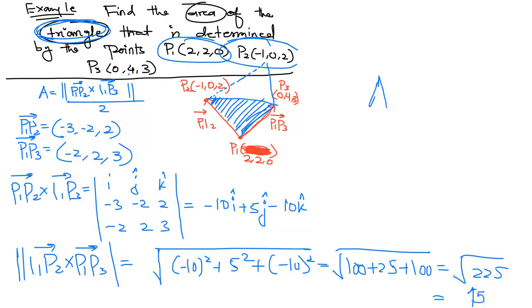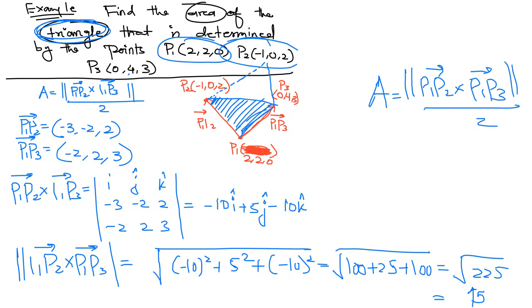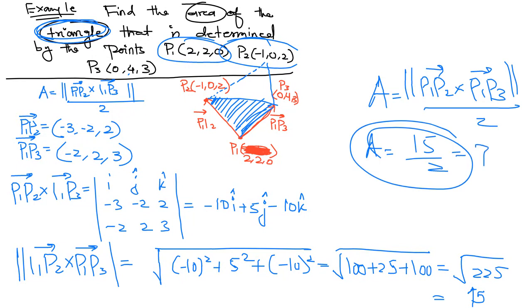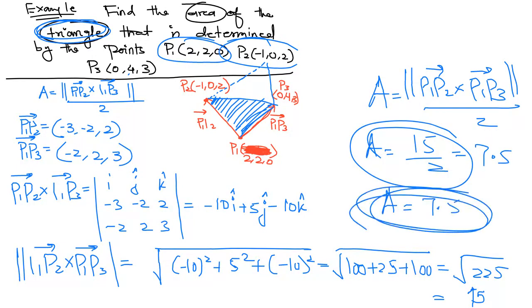Okay, now area is equal to the mod of P1, P2 cross P1, P3 divided by 2, which is 15 divided by 2. So that is equal to 7.5. So area is equal to 7.5. Understand?